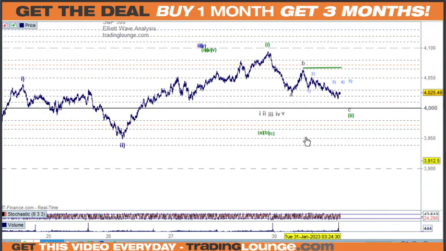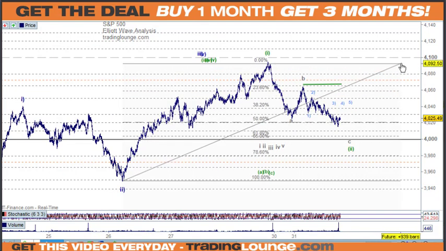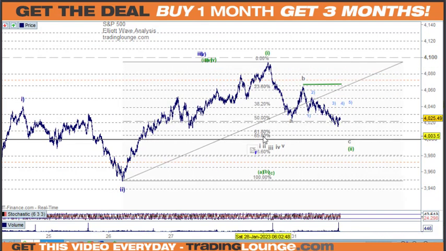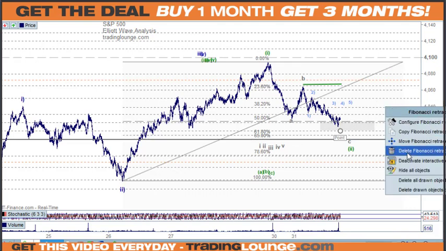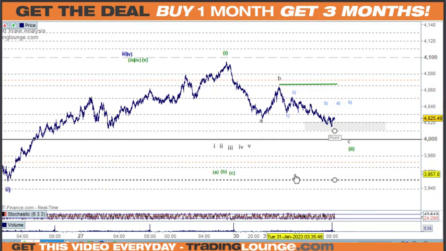So from this low roughly to this high roughly, that gives us a 61%, just above the 4,000 area here. So we could put in the 50 and the 61.8%, but big numbers are like magnets, they can drag it to it. So it's kind of interesting. I like the way that this is, as a C wave, a lazy C wave, as I call them.